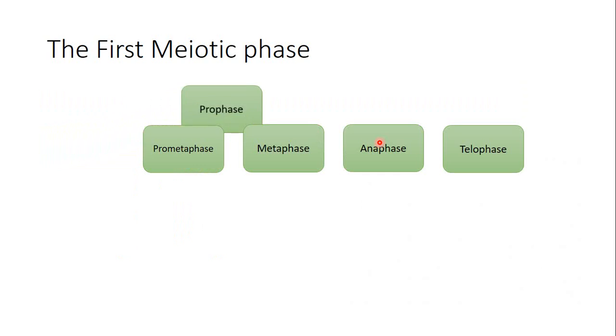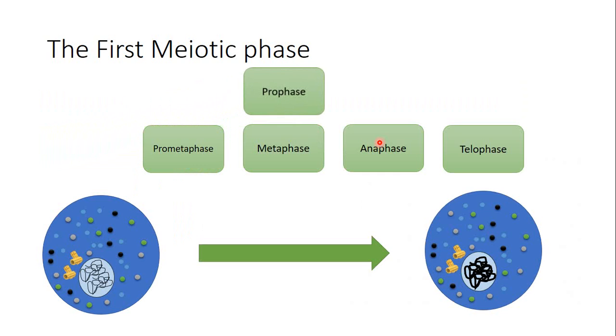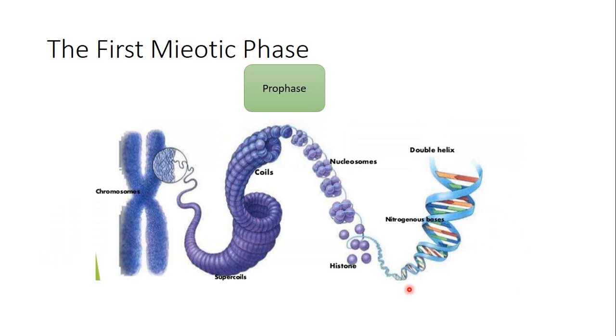First of all, in the prophase, we have several events. First of all, the DNA will get condensed. What does it mean? This is the DNA chain. The DNA chain coils around proteins called histones. Every 8 histones with the DNA chain around it is called a nucleosome.